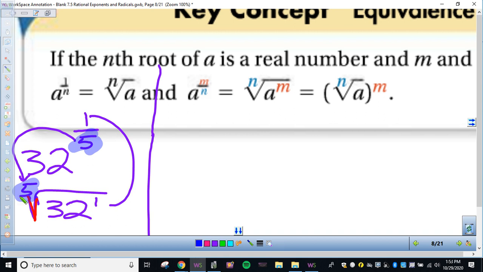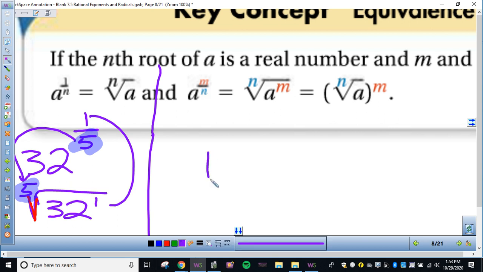So this one right here, let's say we have, we'll make one up, let's say 16.